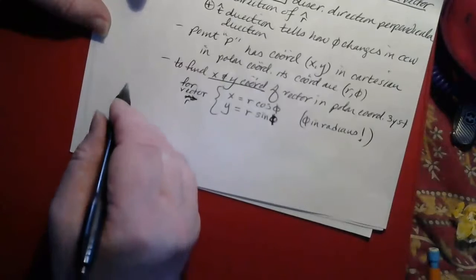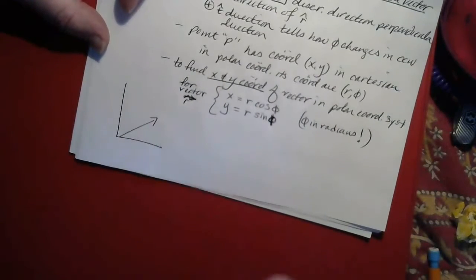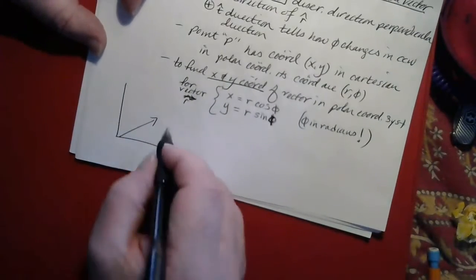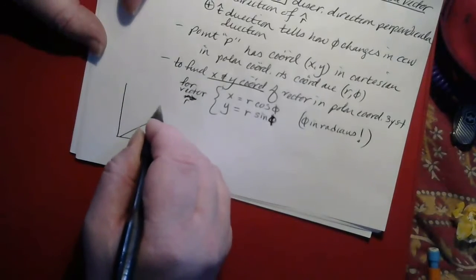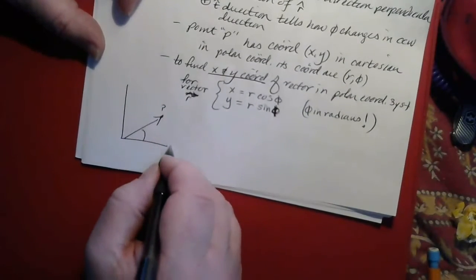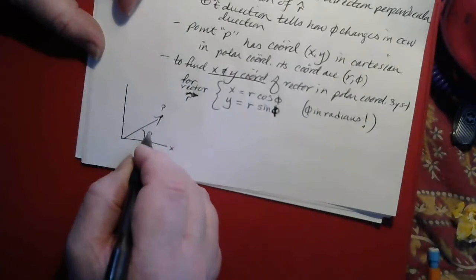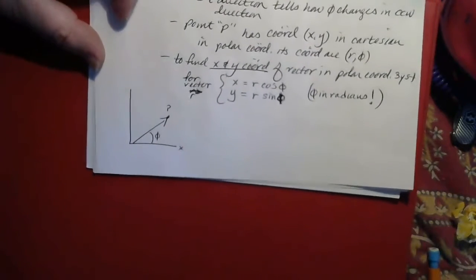So what we've got here is kind of a coordinate system like this. We've got a vector that points to point P, and we can call this the x direction. The angle phi could be defined as that.